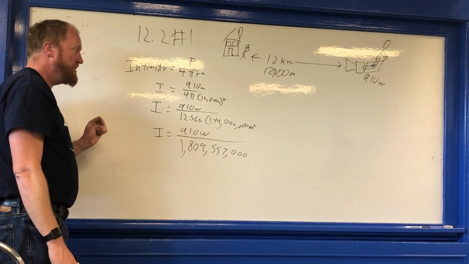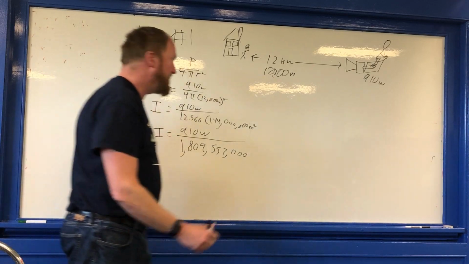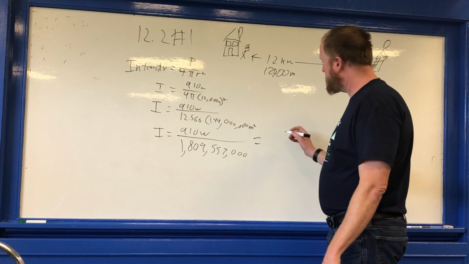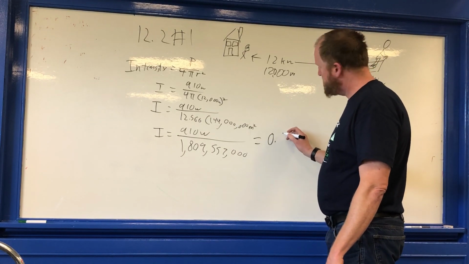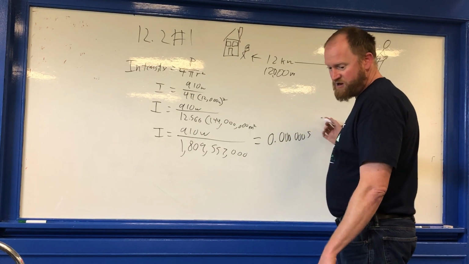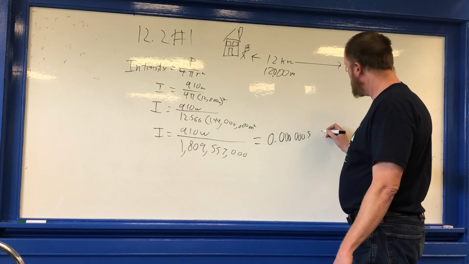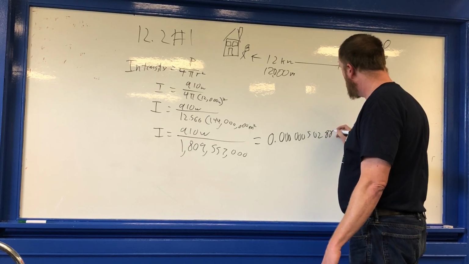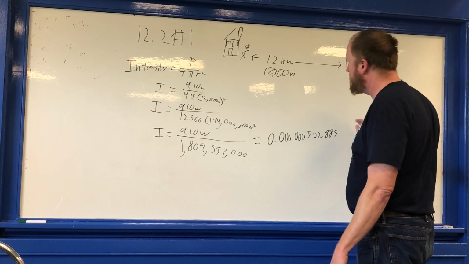Now, divide them, and when I divide them, I get an unbelievably small number. I get 0.0000005502885 and so on.